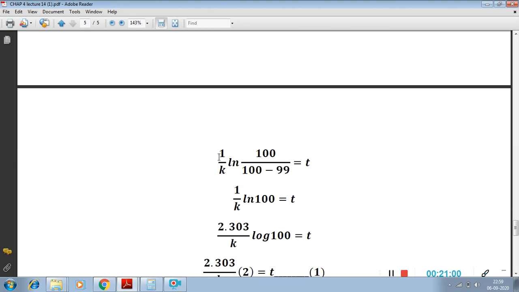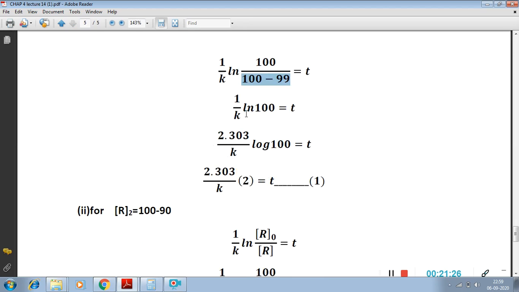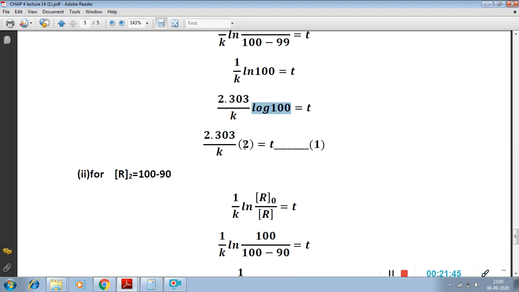We don't have the K value, so 1 by K as such, ln of R0, the initial concentration 100, divided by R, that is 100 minus 99, is equal to T. Now 100 minus 99 is 1, so 1 by K into ln 100 is equal to T. Convert ln into log, so it is 2.303 divided by K into log 100 is equal to T. Now log 100 is 2, so instead of log 100 I have written 2.